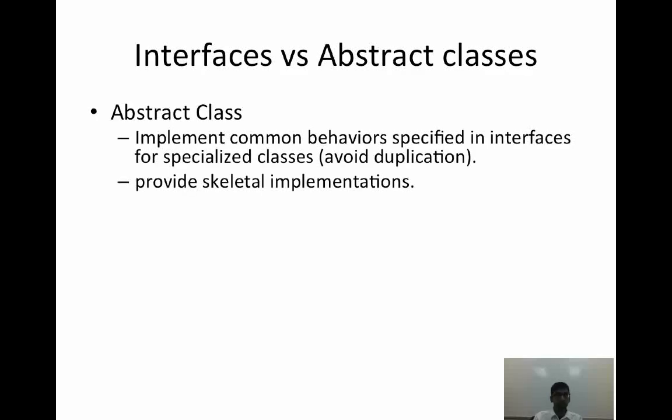So it helps to take a quick look between interfaces and abstract classes because they are sort of similar and could be a little bit confusing on when to use what. I would use abstract class basically to provide skeletal implementations, and I would try to use abstract classes to avoid duplication of code.